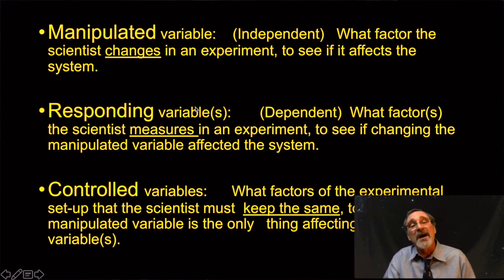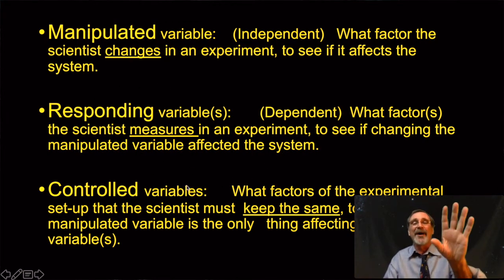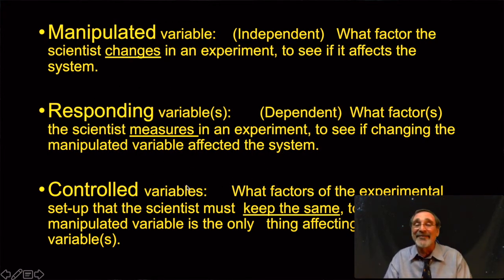You have the responding variables, also known as the dependent variable. These are what factors the scientist measures in an experiment to see if changing the manipulated variable affected the system. And by the way, this is written in yellow, so you don't have to write it down again.